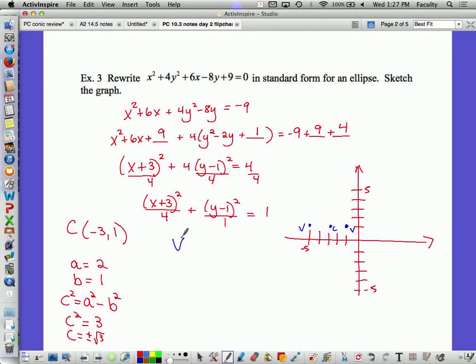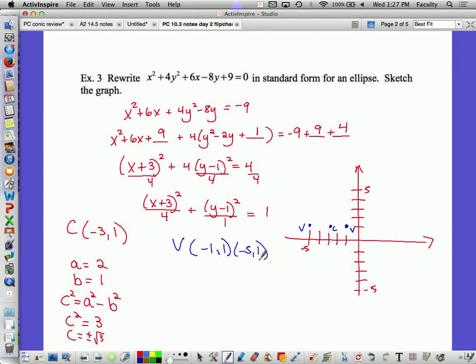So let's label those coordinates. That's negative 1, 1, negative 5, 1. Let me repeat that. Once you have the center, since A is underneath X, that's a horizontal major axis, so you're going to move A units to the right from the center, A units to the left from the center. Okay? So that was negative 1, 1, negative 5, 1.